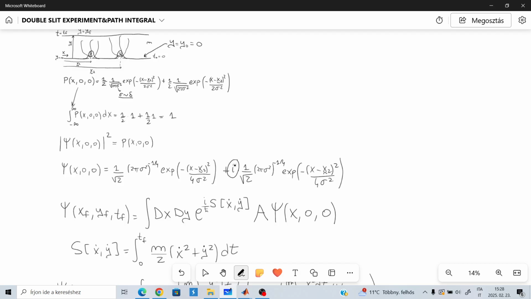We might have chosen other phases, because remember that this is associated to e to the i pi over 2, so it's like a phase of pi over 2, which is reminiscent of some phase difference between the amplitude that you have at one slit and the amplitude that you have at the other slit. But in principle, you might have chosen also a function that does not contain this factor of i.